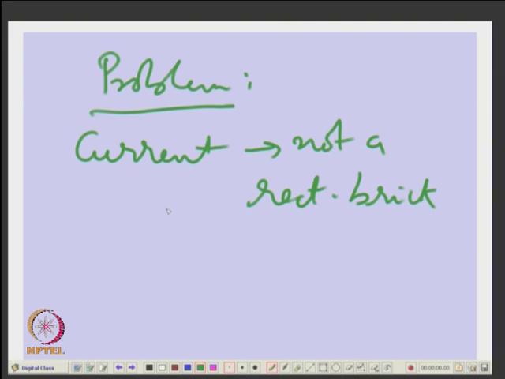So, how does your current invariably look? What will the current be? If you only apply a voltage, you would expect your current will go like this, okay, when you apply a voltage, then it will freewheel like this for some time, then you do defluxing and it may again go like this. So, this will be the thing, right.